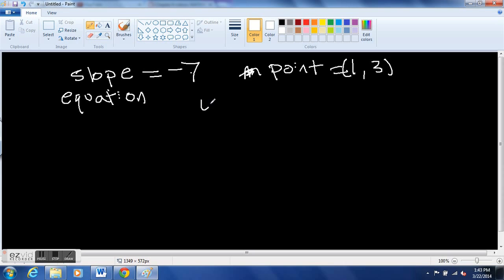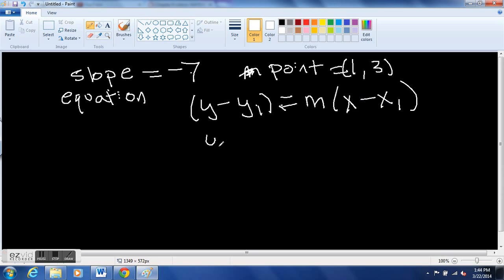Remember, y minus y1, algebra raising its ugly head, equals m times x minus x1. So we plug in y minus 3 equals the slope, negative 7, times x minus 1.